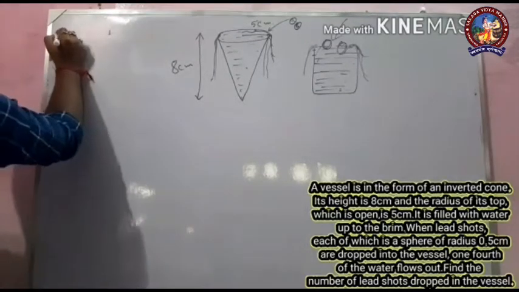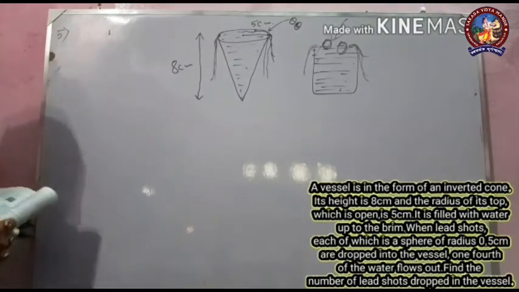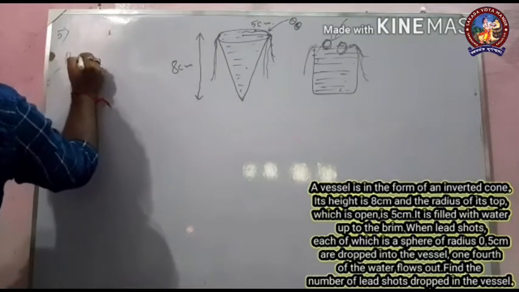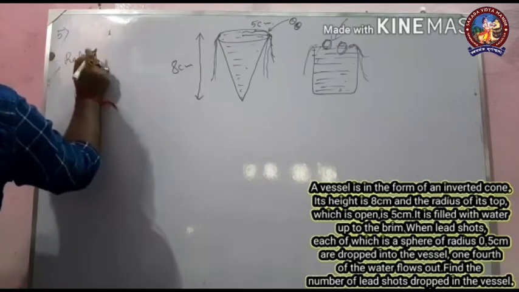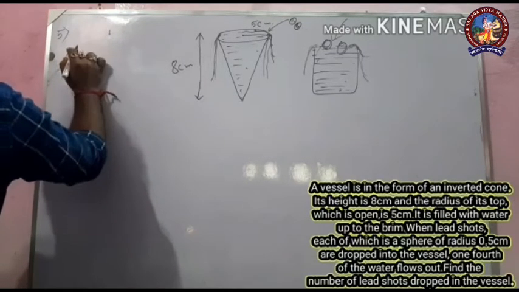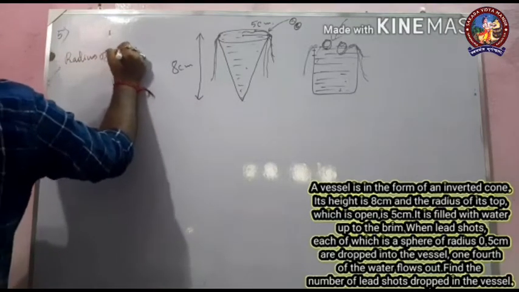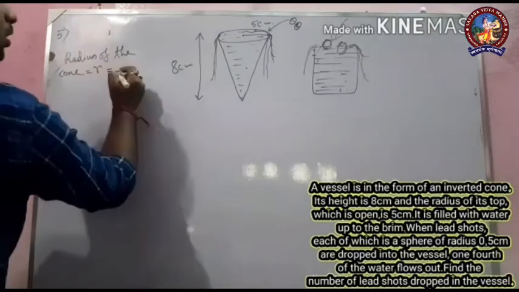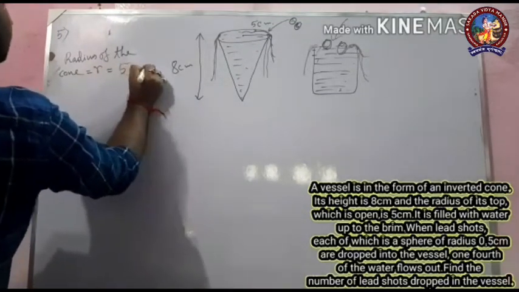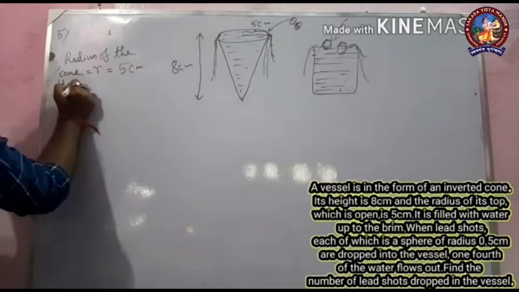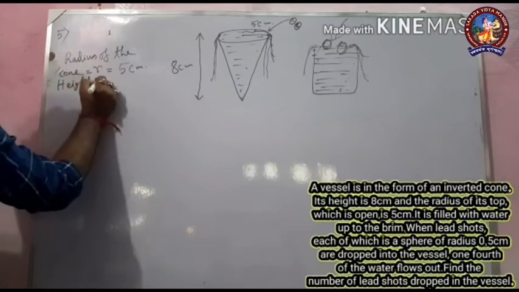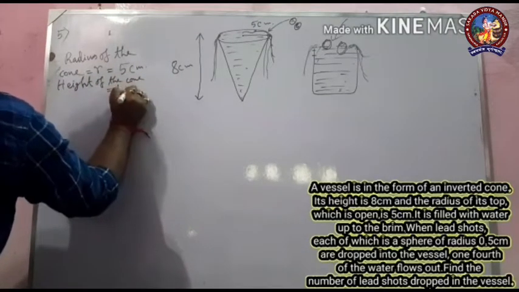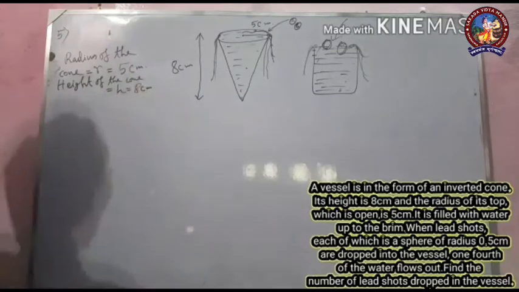This is question number 5. Radius of the cone is 5 centimeter. Height of the cone is 8 centimeter, right?